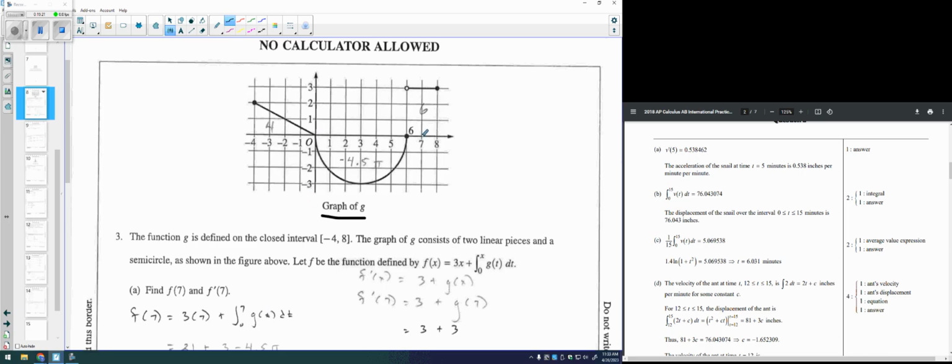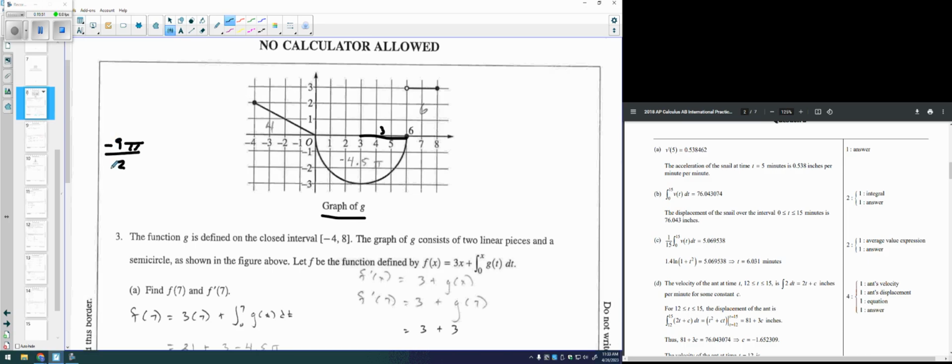From 0 to 6 is this circle thing, a half circle. The radius of this circle is from here to here, which is 3. And my equation for circle is pi r squared. So I have pi times 3 squared, which would be 9 pi. And I have half of that because it's a semicircle. This circle is underneath the x-axis, so it's negative.